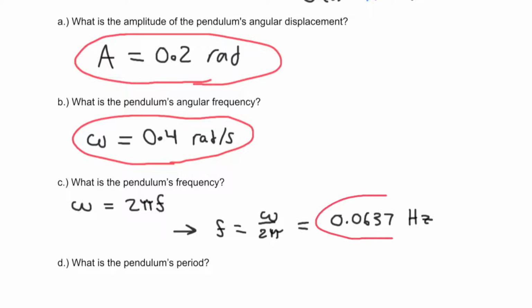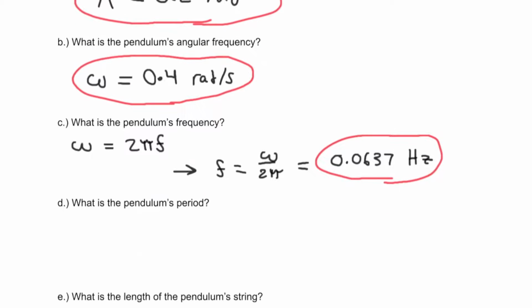Because again, this is units of cycles per second. So if that's how many cycles we have per second, the period is just 1 divided by the frequency. And that's going to be 15.7 seconds.